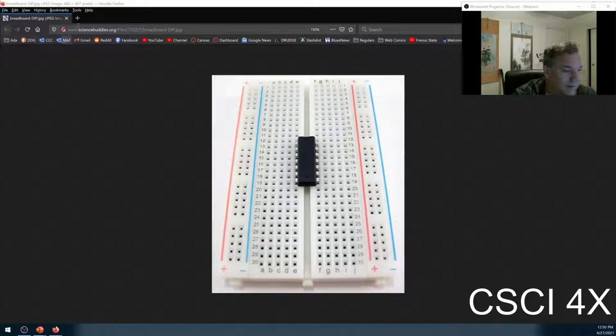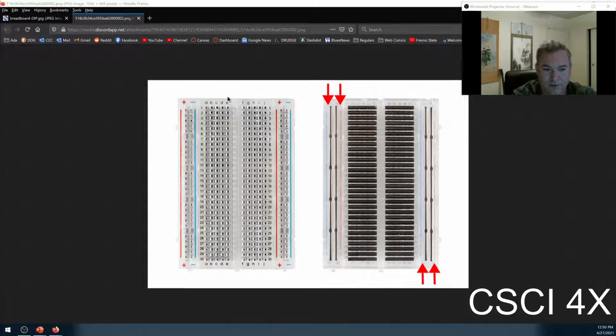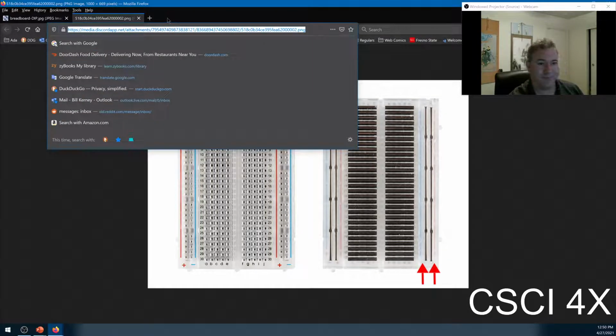So let's see, copy link. Yeah, this shows the wiring of a breadboard. Okay. So yeah, I don't think there's enough JPEG on this image, Julio. I think we need to amp this up a little bit.